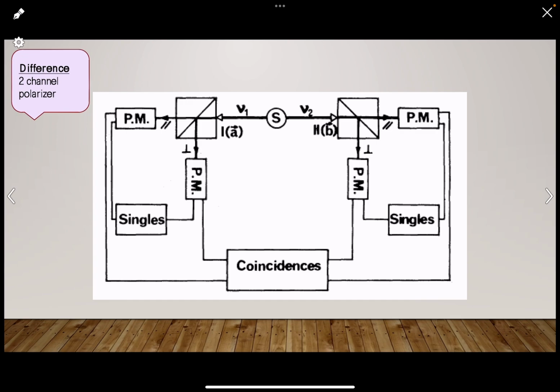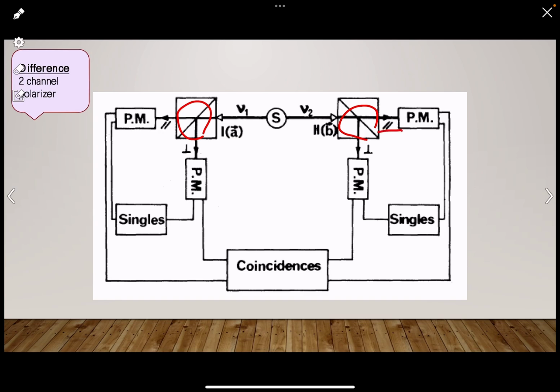However, Alain Aspect conducted an experiment with a two-channel analyzer. In this experiment, true dichotomic polarization measurements on visible photons have been performed by replacing the one-channel polarizer with a two-channel polarizer. The two-channel polarizer helps to separate two orthogonal linear polarizations.